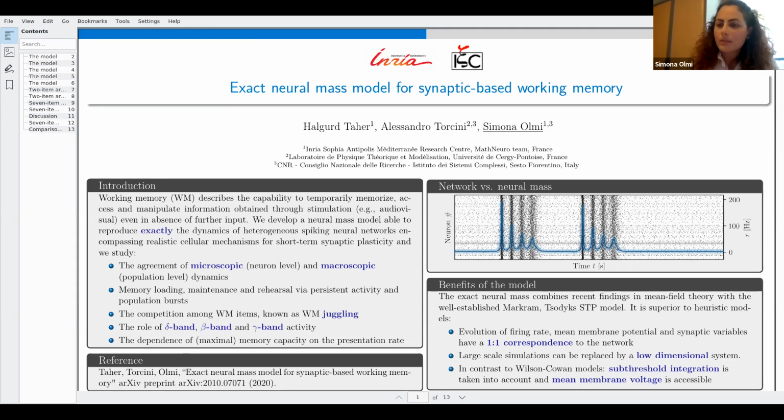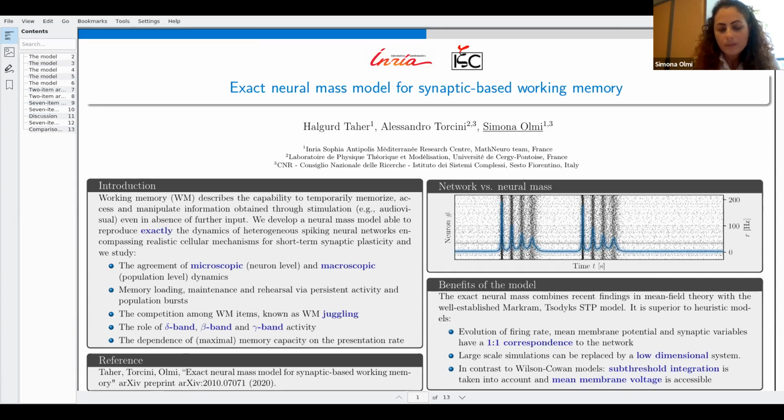I imagine that the first question that arises in your heads at this moment is, why do we need another neural mass model to describe this kind of phenomenon, since there are a lot of heuristic neural mass models?